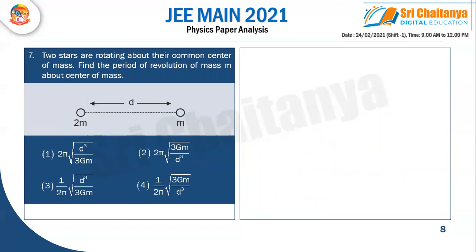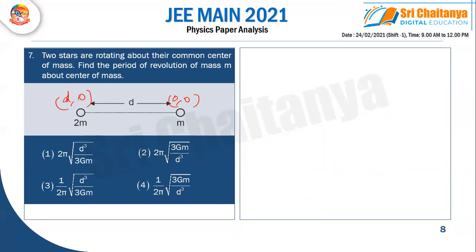The problem reads: two stars are rotating about their common center of mass. Find the period of revolution of mass m about the center of mass. I take the origin as this, and this will be d comma 0, and I go for the center of mass.